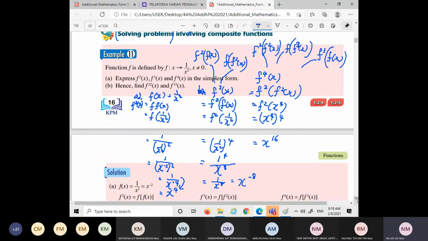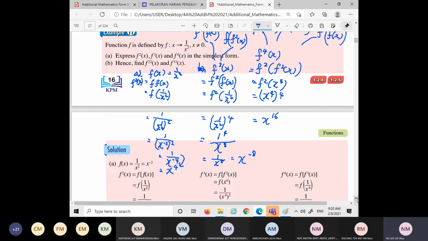Okay, then how are we going to analyze for the part B? F to power of 22x. And then f to power of 33x. You got to see the patterns for the part A. Okay, let us go through.